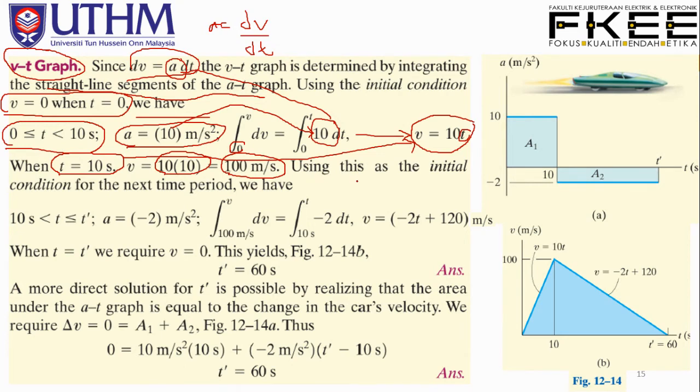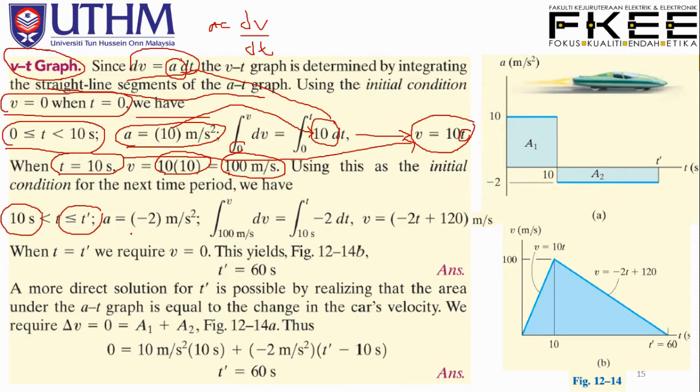So using this as the initial condition for the next time period, we have t which is greater than 10 seconds, but lesser than t prime, the new t we are going to find.